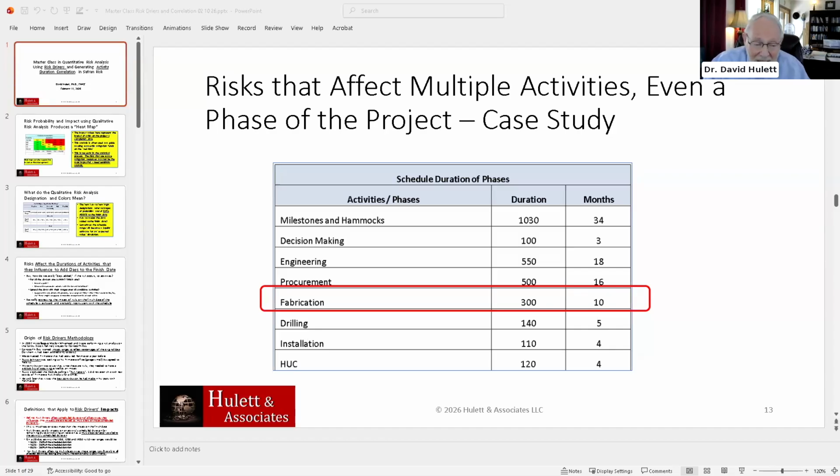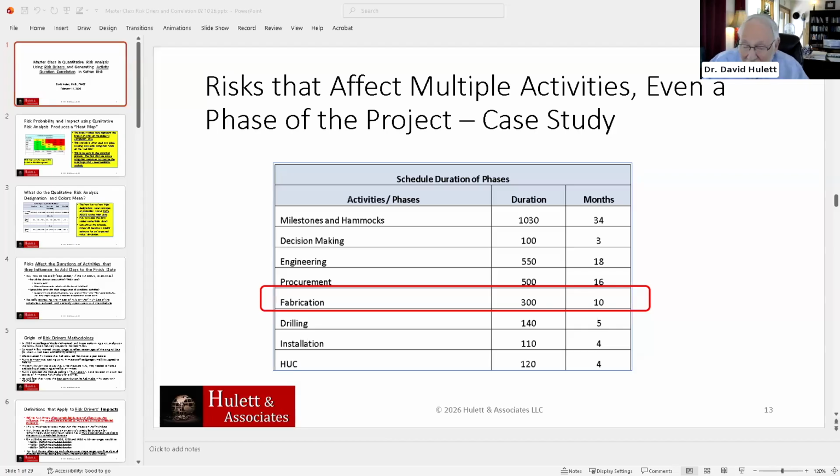I'd say, look, this is such an overarching risk. Fabrication productivity goes on until fabrication's done. What would happen to the 10-month duration of the phase? Because we're going to apply that to all the activities in the phase. What would happen to the 10-month duration? They say, well, the 10-month might squeeze through, but most likely it's going to be 12 months.